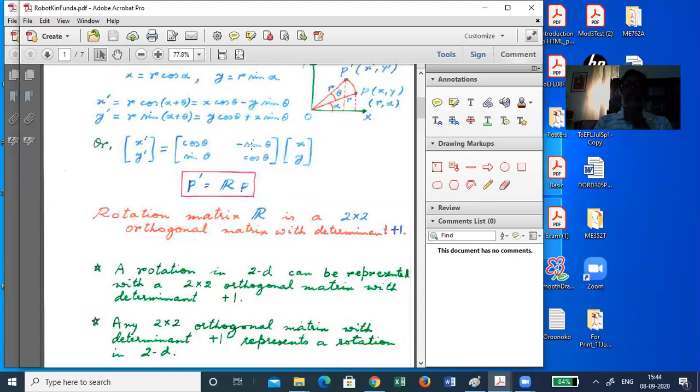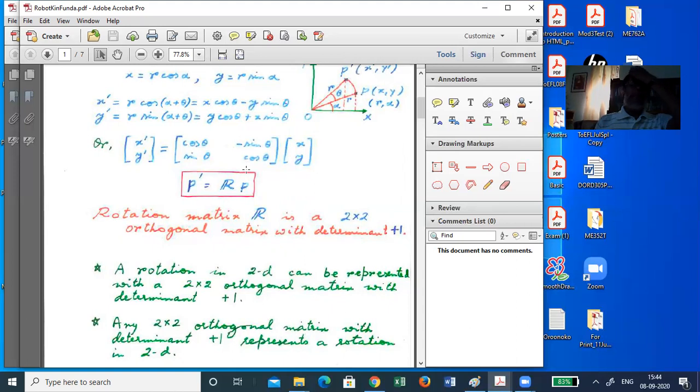In the case of +1, it will be this. So whatever orthogonal matrix with determinant +1 is given, the moment you find of what angle theta this element is the cosine, everything else gets settled in its own place.